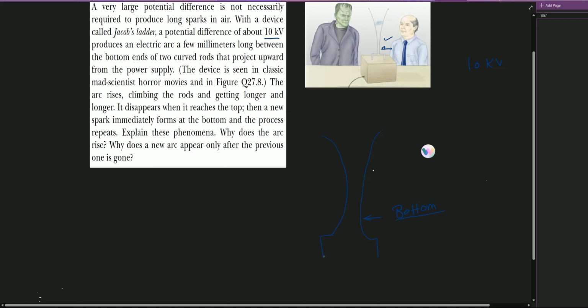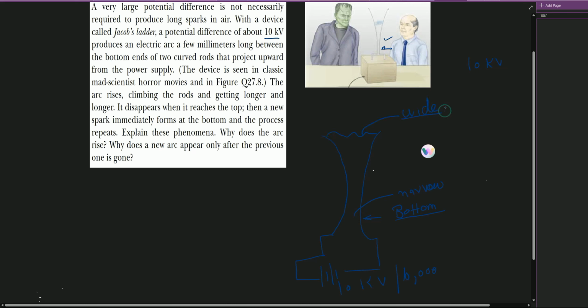Sorry, it's 10 kilovolts or 10,000 volts. This is a very high voltage. The good part is this is narrow at the bottom, and this is pretty wide, very, very wide.